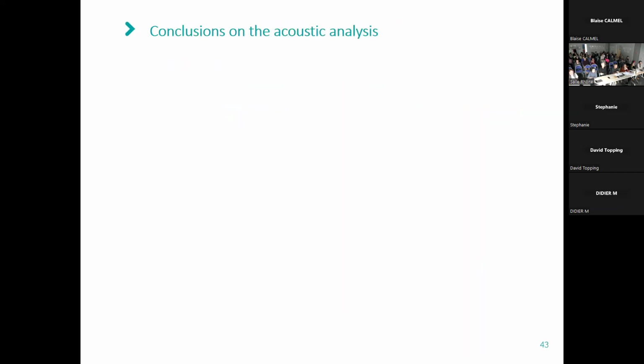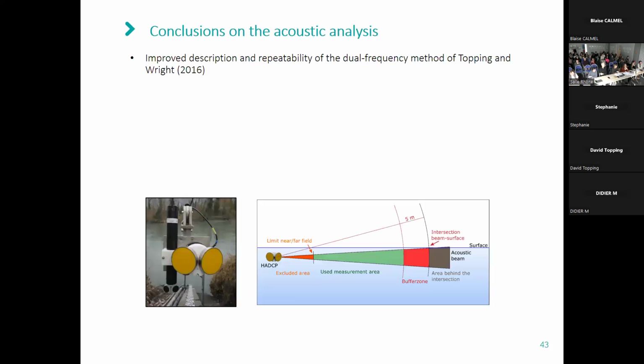To now conclude on this acoustic analysis, I've improved the description and also the repeatability of the acoustic dual frequency method of Topping and Wright. And it's also one of the only studies where an acoustic method is applied by another research group and in another context than only by its creators.